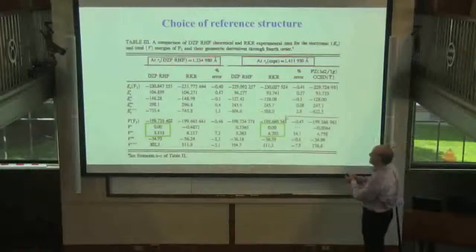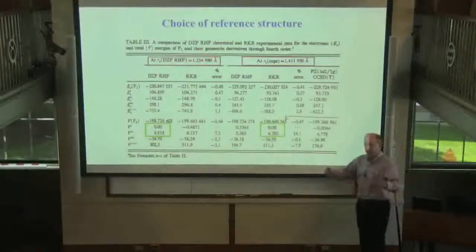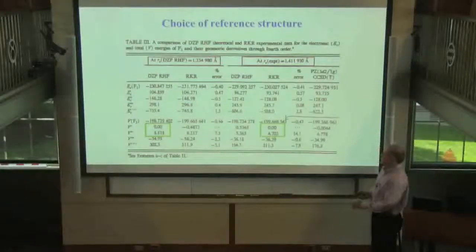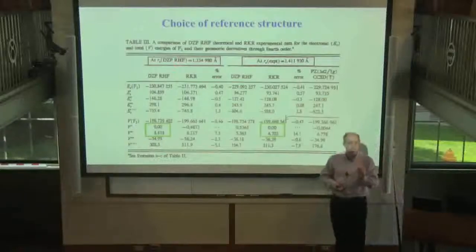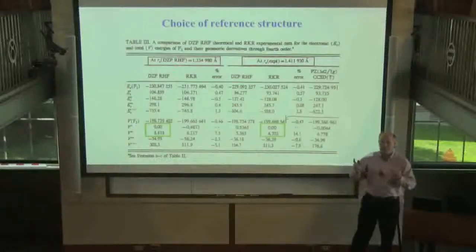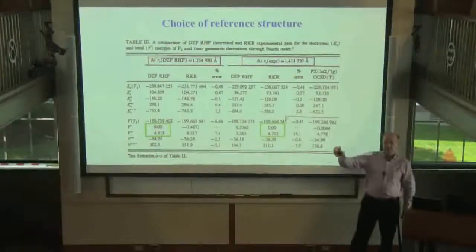Why is this so inaccurate when I was saying in the previous figure that even Hartree-Fock theory is doing quite well? Well, the problem is that when you determine your equilibrium structure, then your derivative is 0. But your derivative is a sum of two terms, the electronic energy and the nuclear repulsion energy. One term you can compute exactly, that's the nuclear repulsion term.